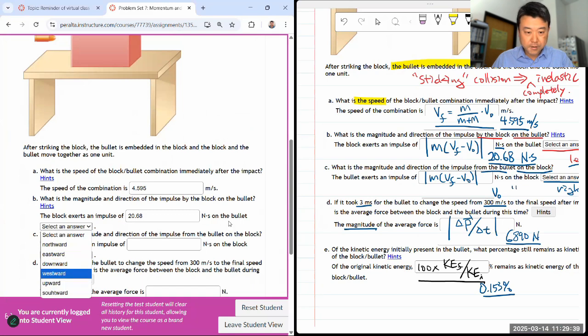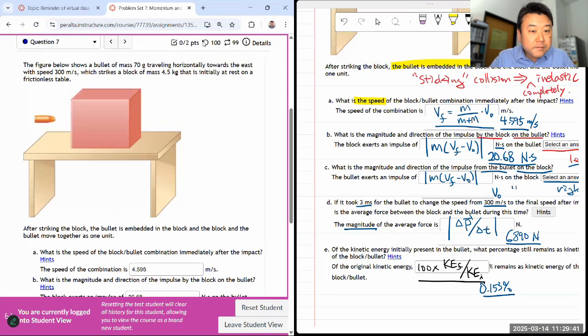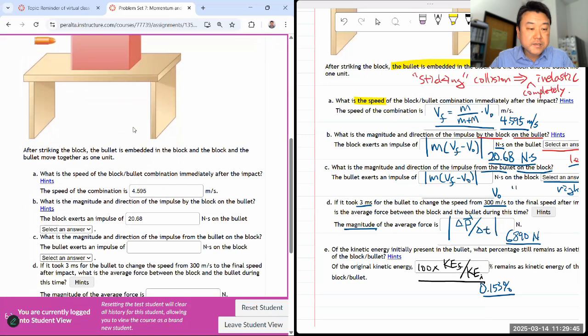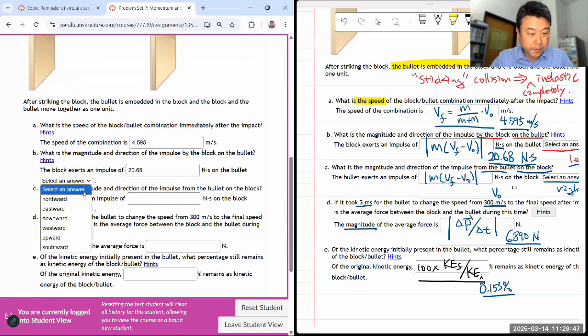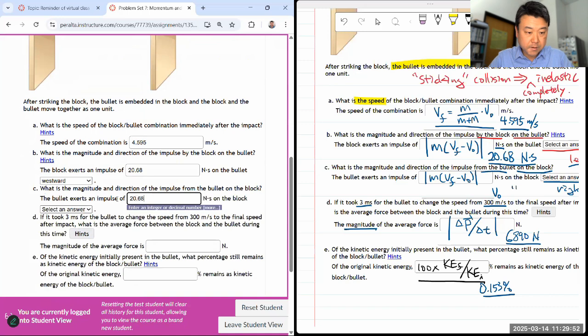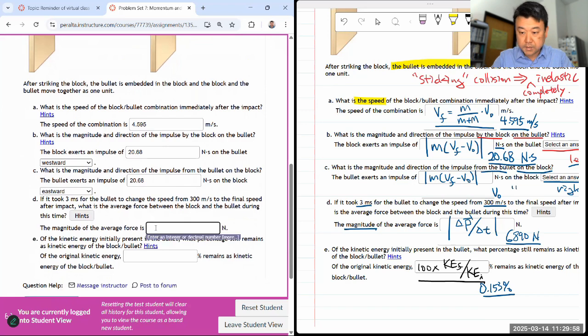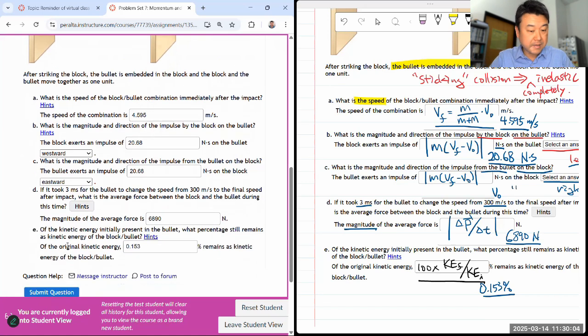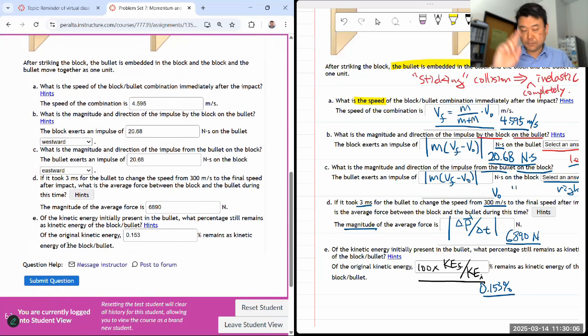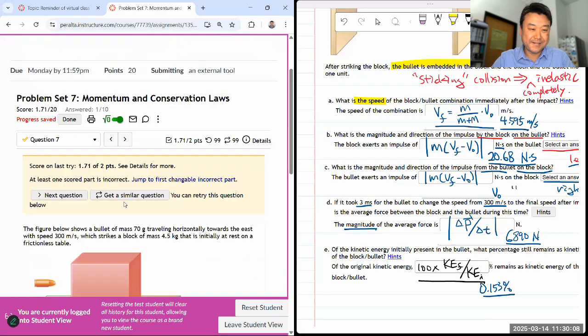Oh, it's not an option. Did he talk about east is right and west is left? So I'll say westward. And then the same number, this time eastward. So the force here is 6890. Kinetic energy 0.153%. And not a typo. Let's hope that everything is correct.